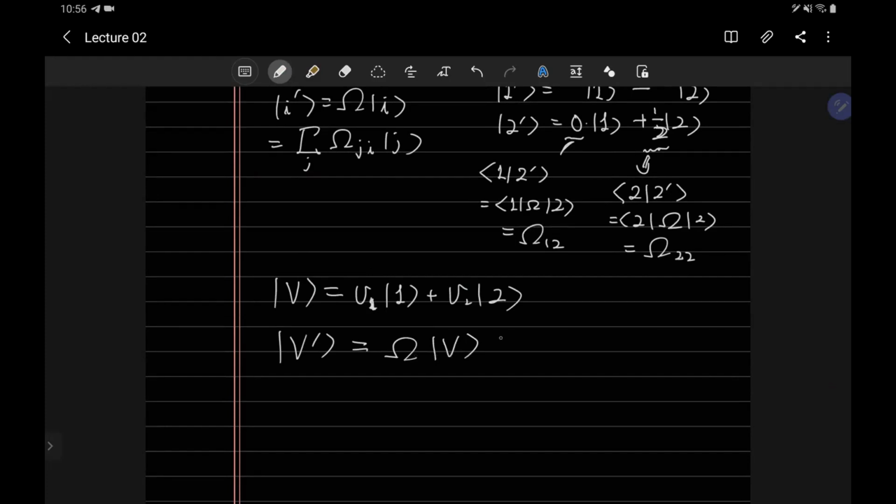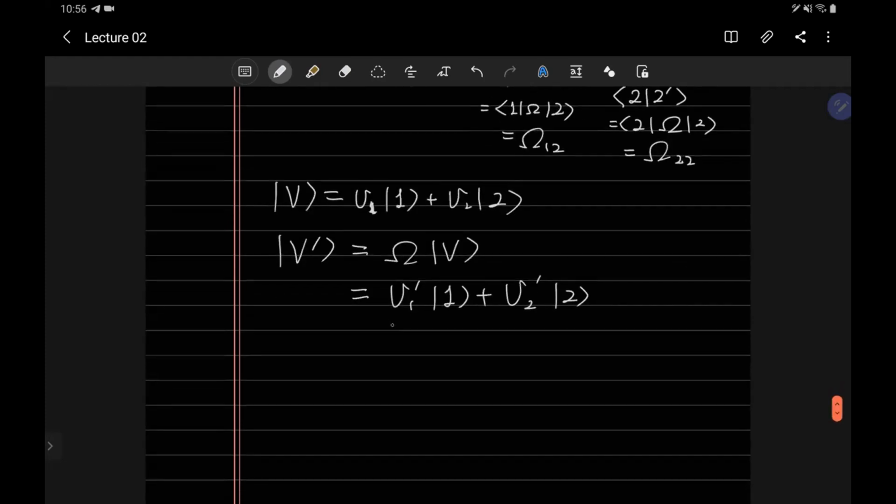And now my question is whether we can expand this new vector v prime in terms of the original basis. And of course, you should always be able to find such vector components, and it will look like this.